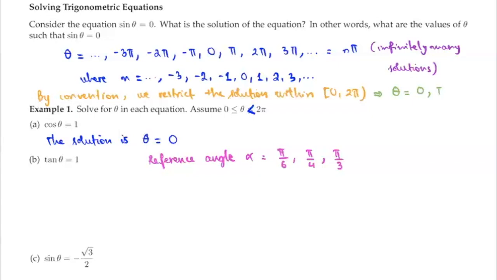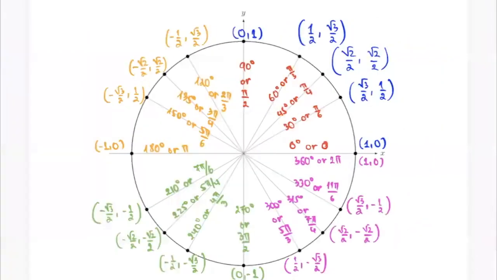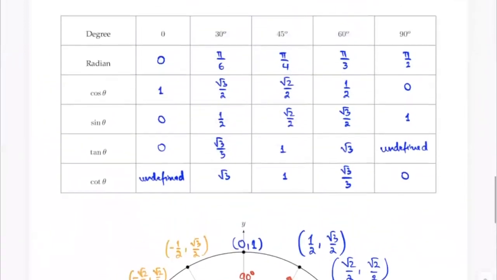Now for tangent theta equal to 1, what is the reference angle that you need to look for? So go back to the lecture where we covered the unit circle. In that lecture, not only did we cover the unit circle, we also covered the table of trigonometric ratios of some special angles. Okay, so tangent of theta equal to 1, what is the corresponding angle?